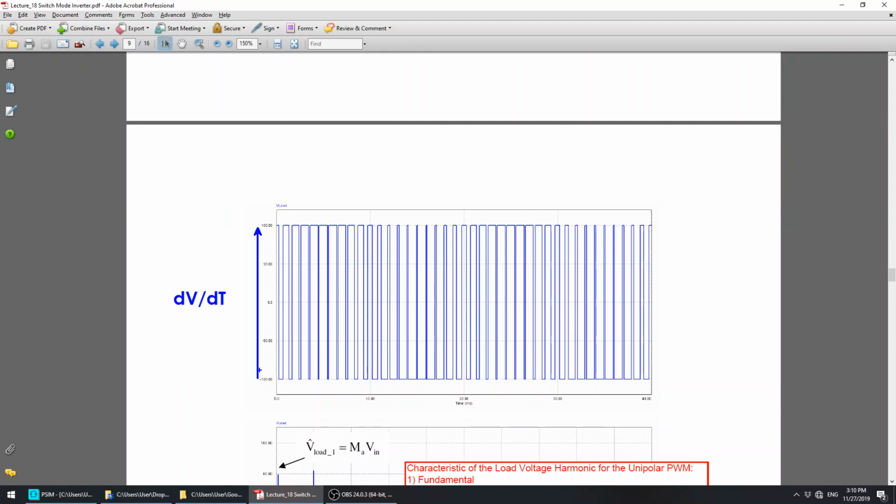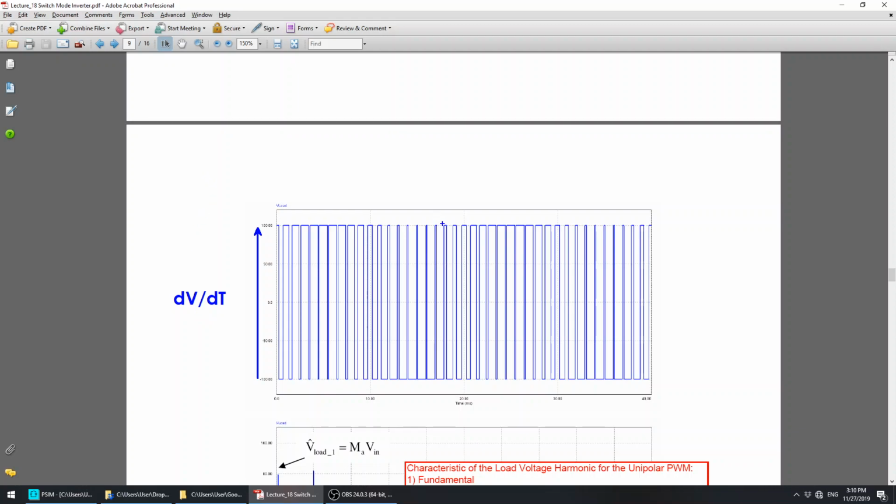That will also create problems of a high dV/dt, because your switch will experience a high voltage change, compared to the unipolar PWM, whereby you have 0 and then positive voltage, and then 0 and negative voltage.